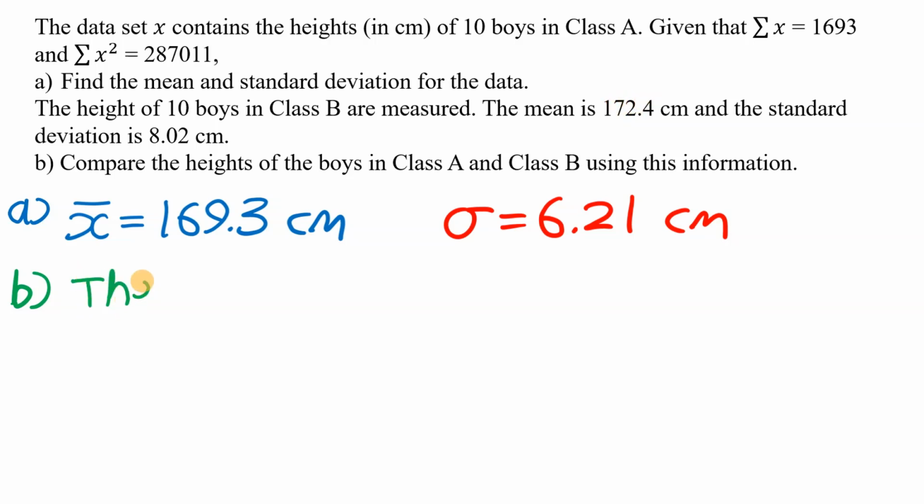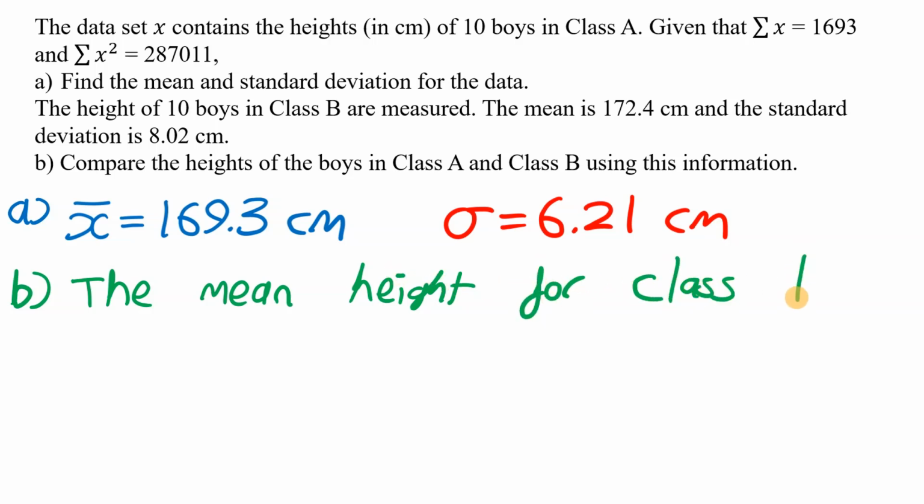So therefore the mean height for class B is higher. So that's the location. So now we need to focus on the spread. So this is the standard deviation. So for class A, it's 6.21, and for class B, it's 8.02.